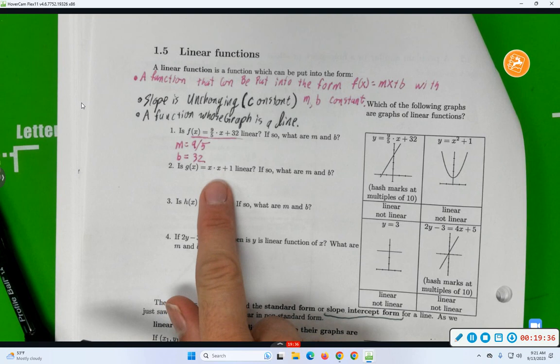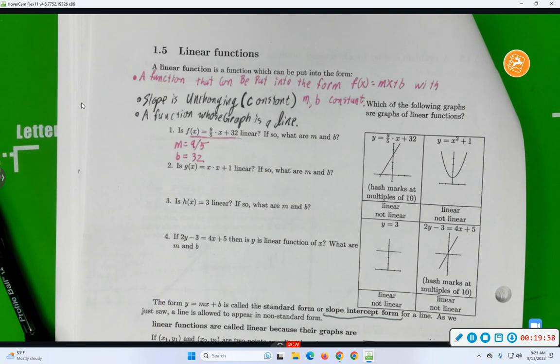Next one, g of x equals x times x plus 1. Is that a linear function? Anyone want to say yes? Anyone want to say no? Cool, why not? Because the m has a variable. Were you going to say something similar?